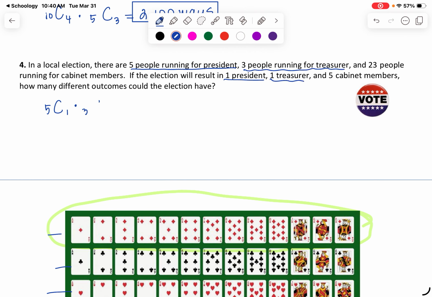So 3 choose 1. And there's 23 people running for cabinet, and they're choosing 5. So 23 choose 5. Put that in your calculator, and for this election, there are 504,735 different outcomes that are possible.